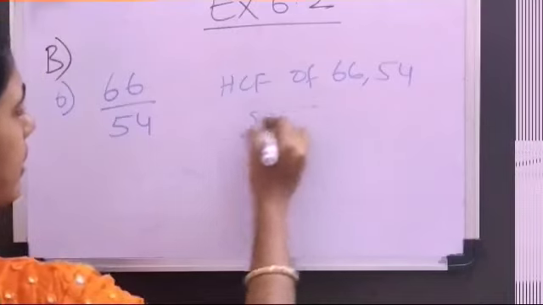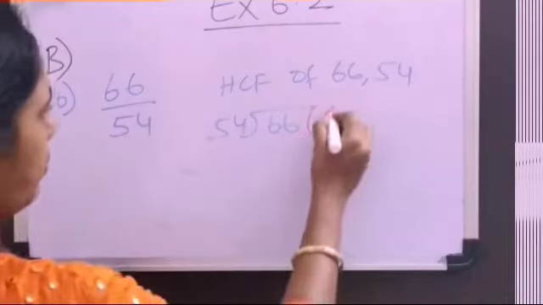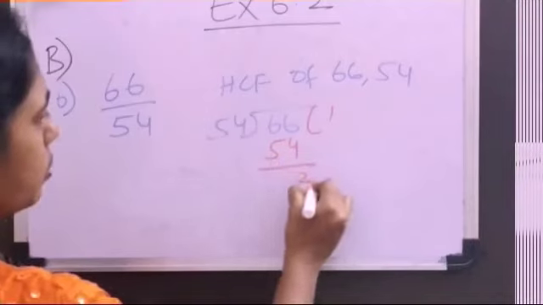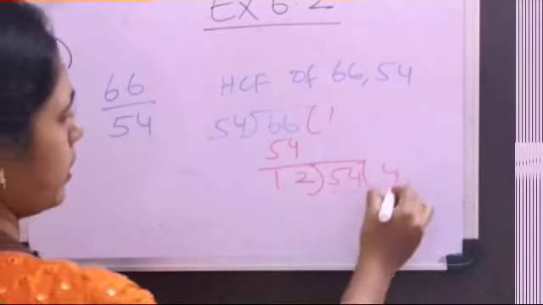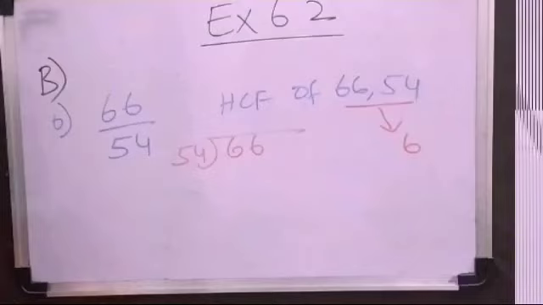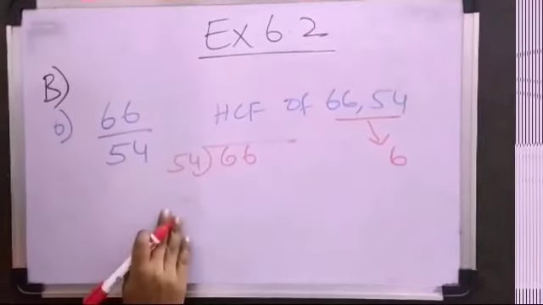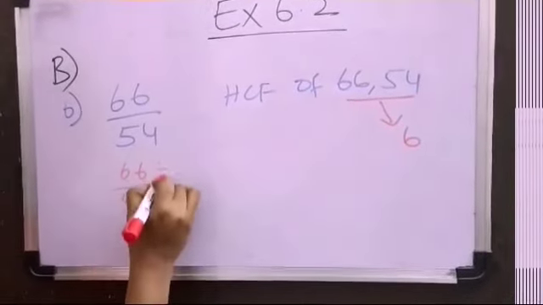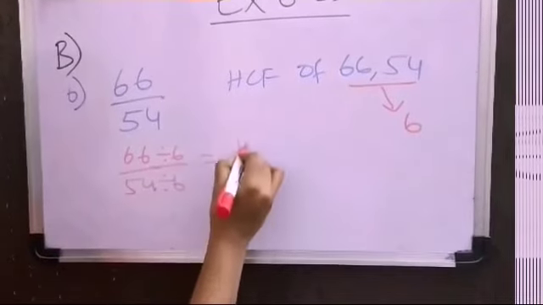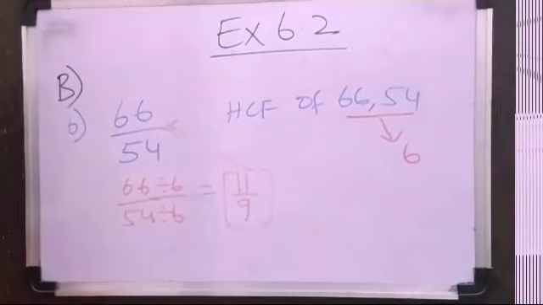We divide 66 and 54 and we got our HCF as 6. Now we will take this 66 by 54, dividing by 6, dividing by 6, that is 11 by 9. So 11 by 9 is the lowest term of 66 by 54.